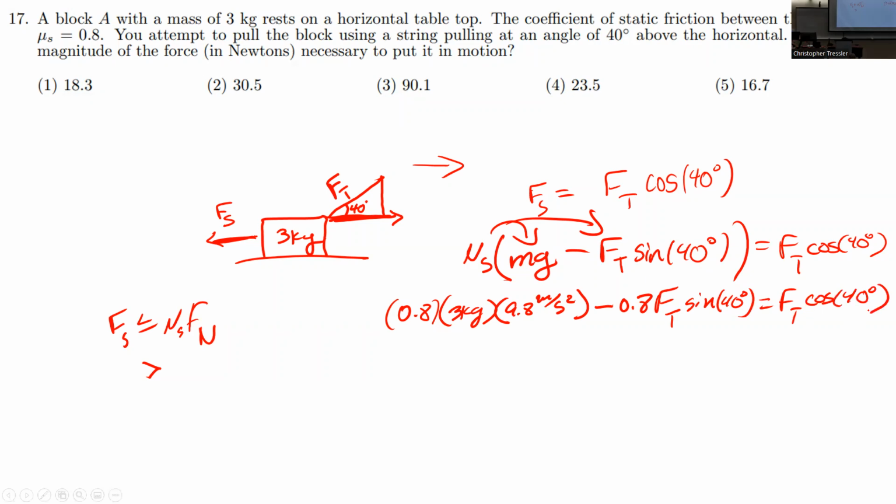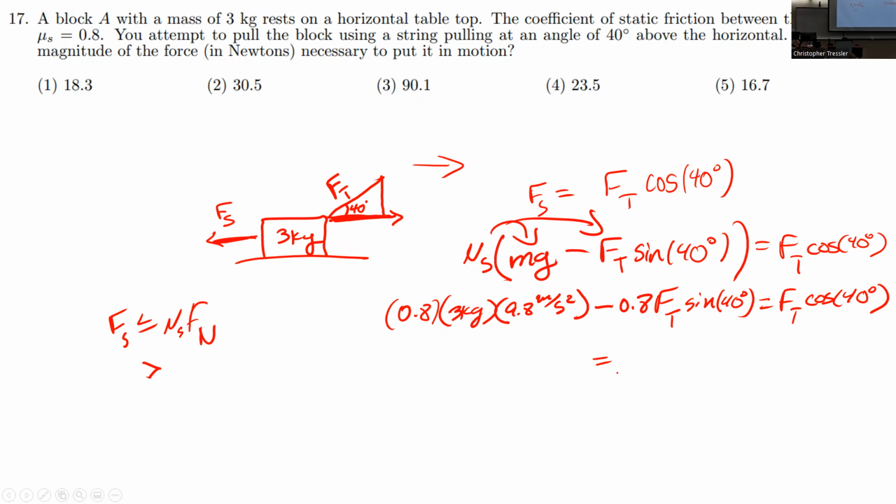Then after that, we're going to try to make the force of tension just be on its own, right? So I'm going to move all of this stuff to the right side. I'll calculate that real quick: 0.8 times 3 times 9.8 is going to be 23.52.